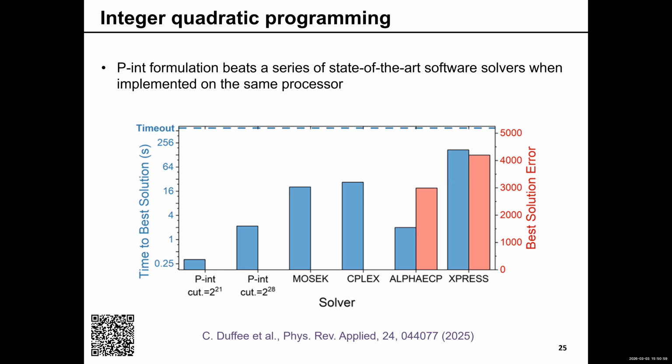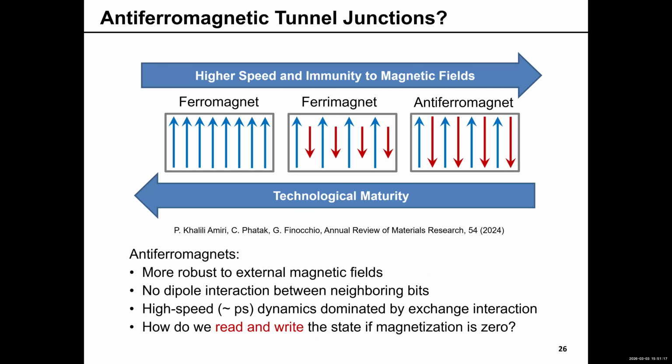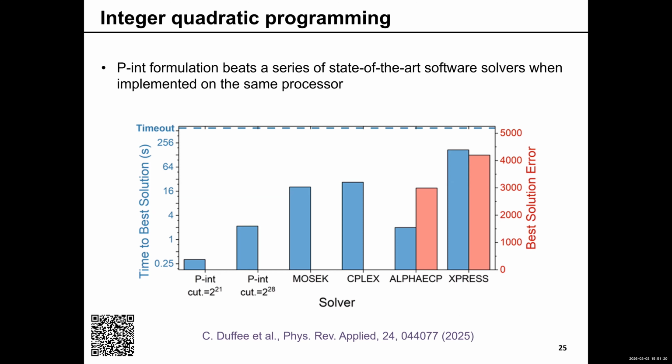We are now also extending this formulation and applying it to a number of large-scale optimization problems in a variety of different areas, and it's looking very promising, and hopefully I can show you more results on that at the next opportunity. So this is really the bulk of my talk.